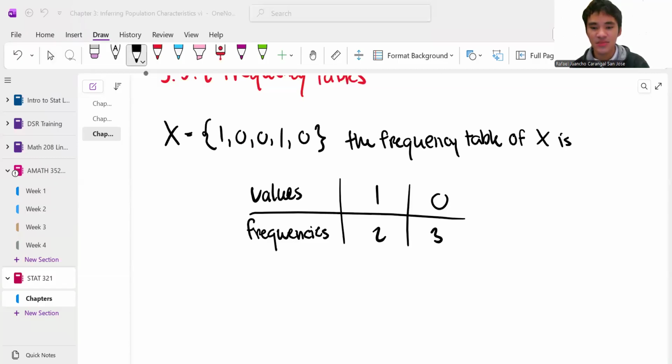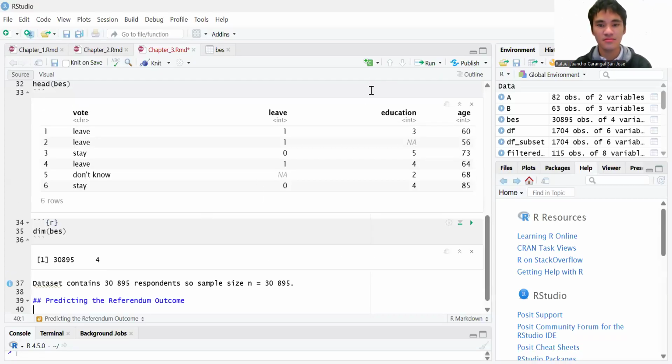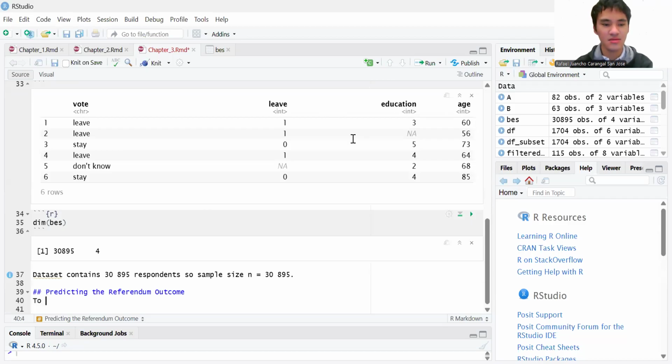Right, so let's actually go back to R and let's do a frequency table. So again, you predict the referendum outcome of whether UK people will stay or not.